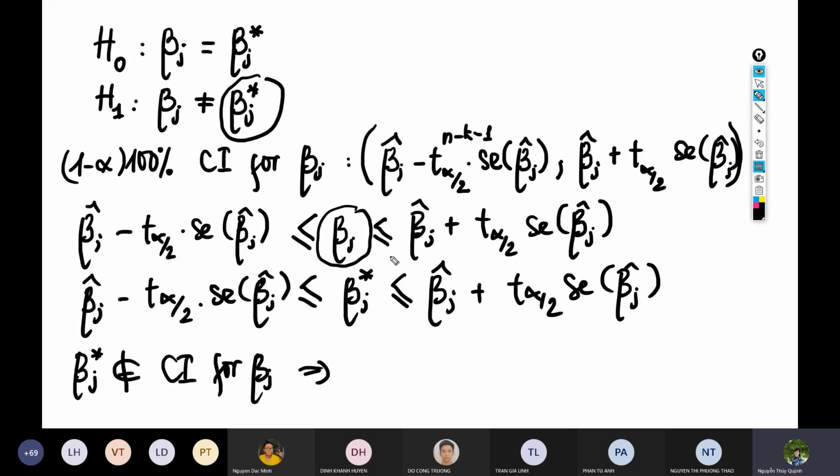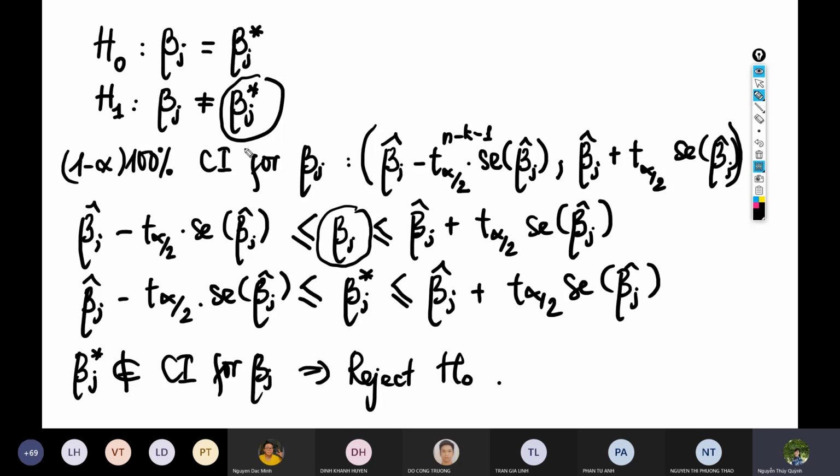That's why we can reject the null hypothesis, and we say that beta j is different from beta j star at the significance level alpha, or the confidence level 1 minus alpha.